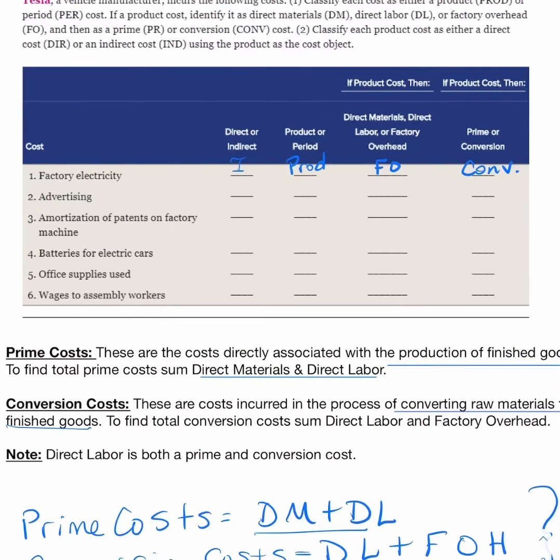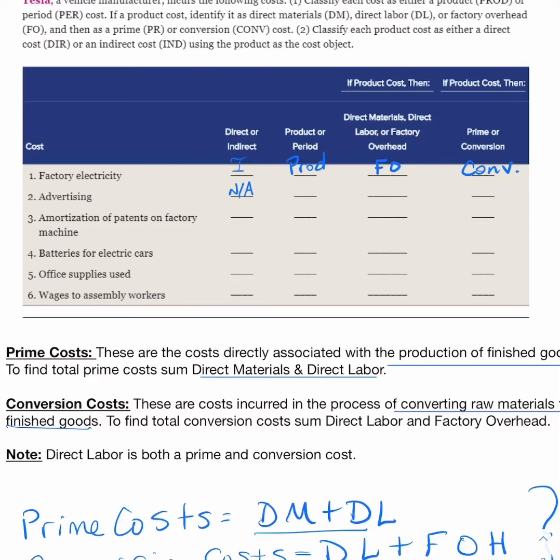Next, advertising. Is advertising direct or indirect? In this case, neither. We don't trace it at all. Because in this table, what we're really looking for is, are these product costs? If they're not, then we're really going to see a lot of NAs through here.